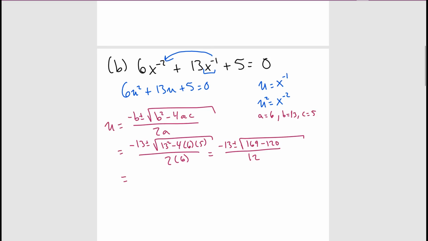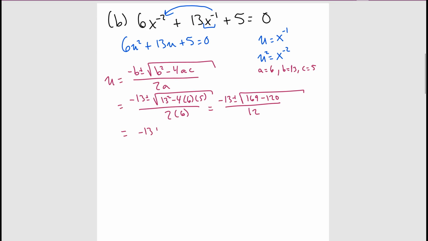Okay, so now this is going to give me negative 13 plus or minus the square root of 169 minus 120, which is 49, divided by 12, which in turn gives me negative 13 plus or minus 7 divided by 12. So this is going to give me negative 13 plus 7 divided by 12 and negative 13 minus 7 divided by 12.